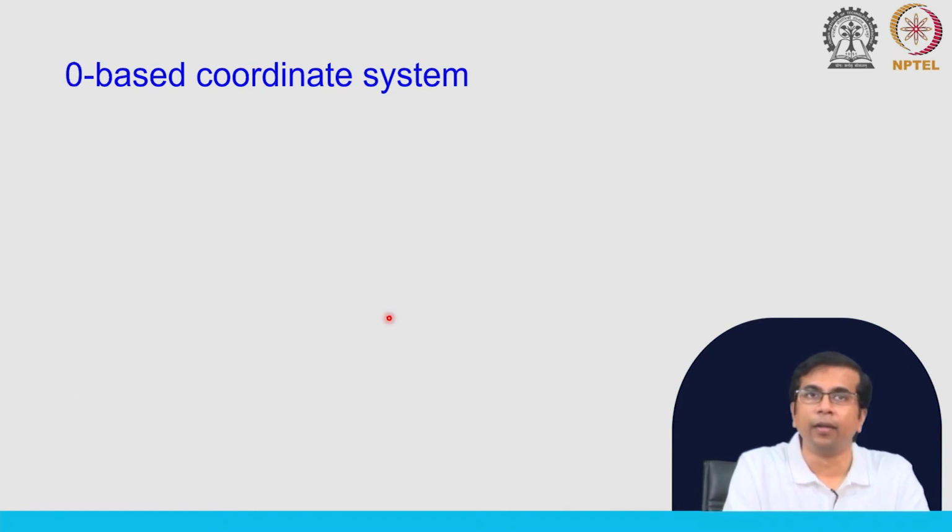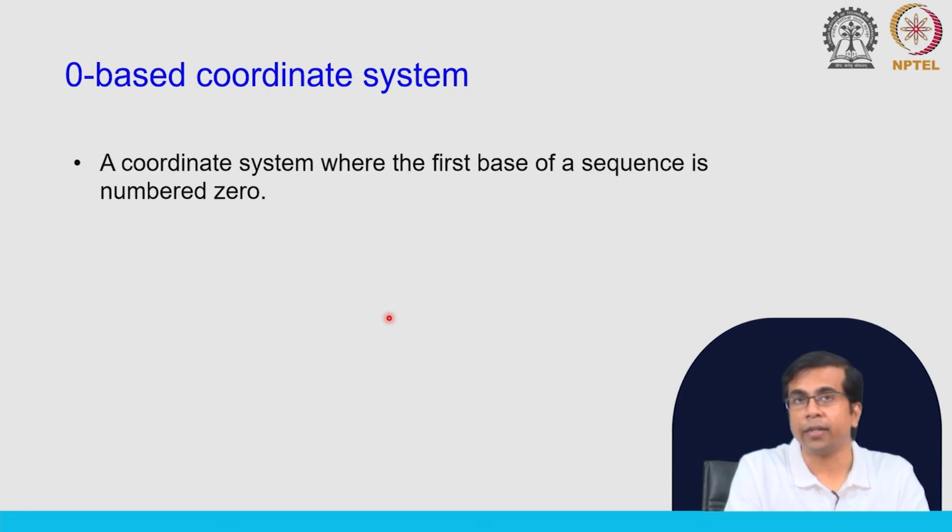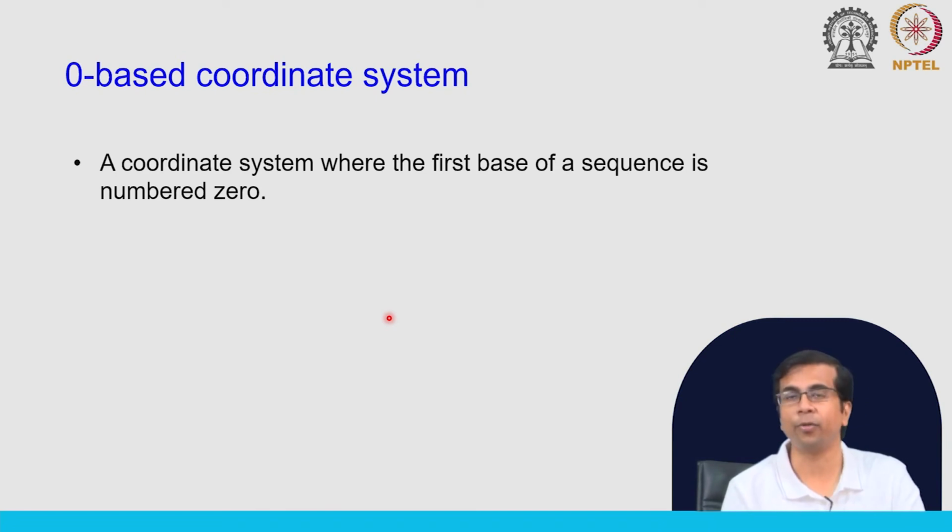And as I mentioned, there is a 0-based coordinate system where the first base of a sequence is numbered 0. Instead of starting from 1, you start from 0, and if you are familiar with programming, in some cases we actually start counting with 0, not with 1. This system uses the same kind of idea.